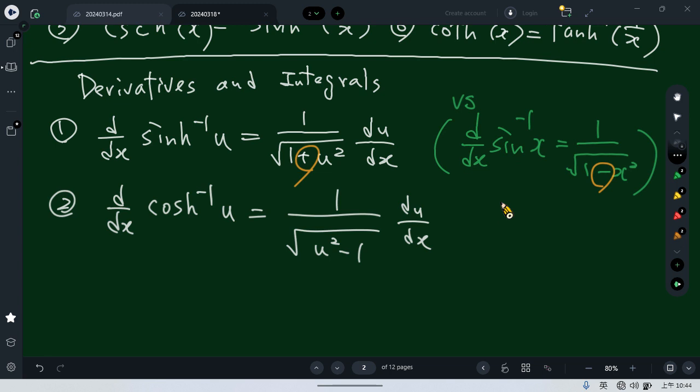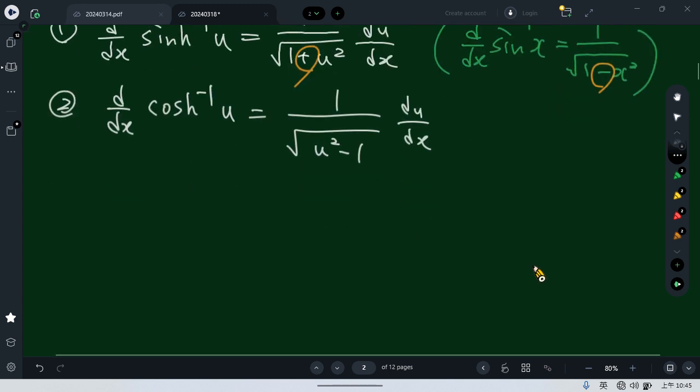So please also notice that actually this one is also different from this one. See, this one is 1 minus s squared or 1 minus u squared. But here is u squared minus 1. So different. Very small differences. Then u must be larger than 1.